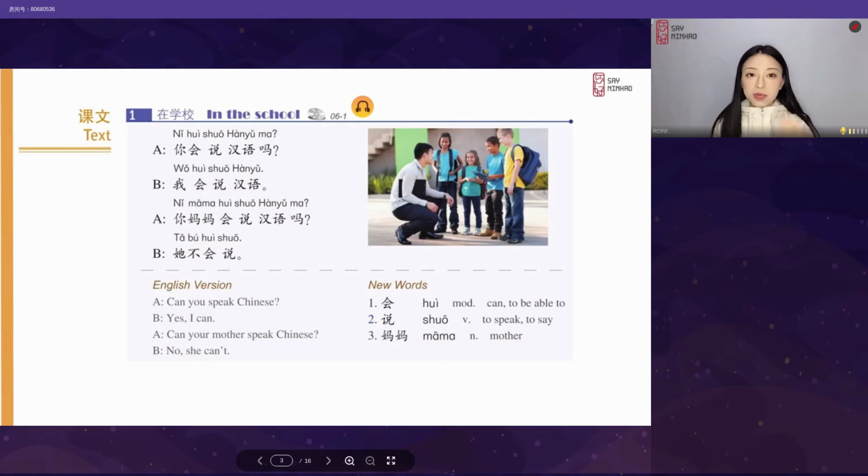You will be A, I will be B. 3, 2, 1. 我会说汉语。他不会说。Very good. This is the text 1.